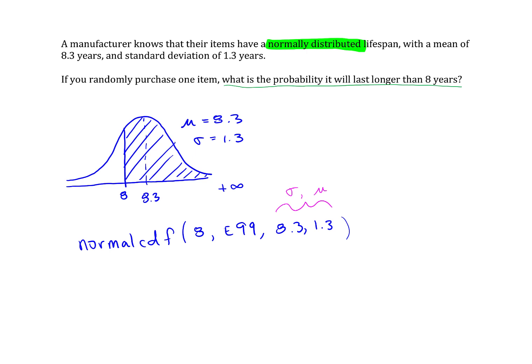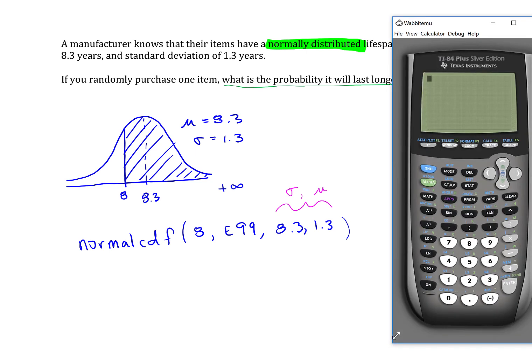And the nice thing about that is if you had to calculate the z-scores yourself, so if we took 8 minus 8.3 divided by 1.3, there's a lot of decimal values that we have to be careful of how we round, because anytime you round in an intermediate step, you can get a less accurate answer in the following steps. So allowing the calculator to do these for you is actually kind of helpful because it makes sure you get the most accurate answer. So here's what we'll do.